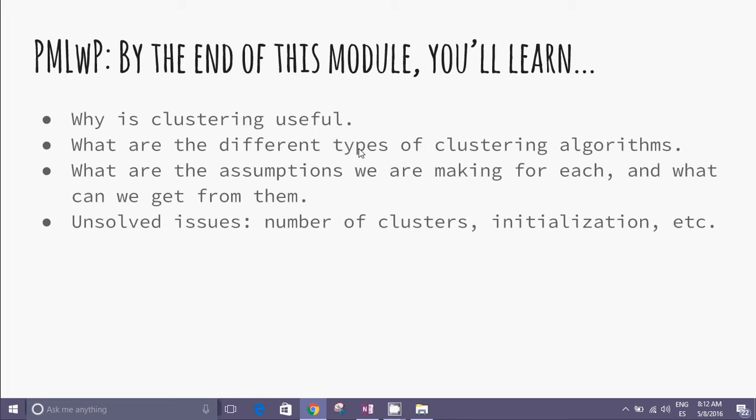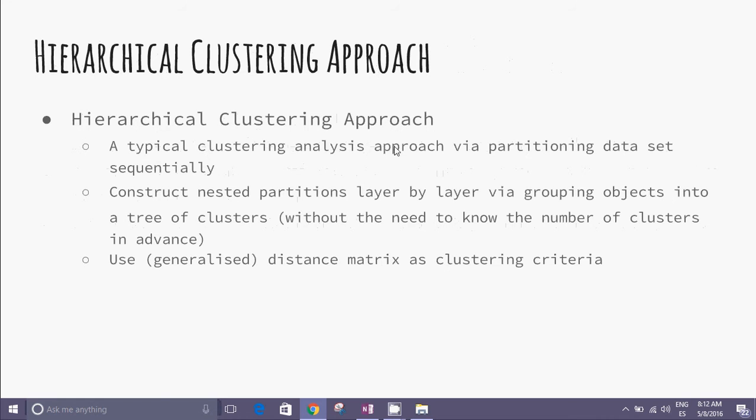We can see the familiar introduction to algorithms for clustering. The hierarchical clustering approach is the most used and typical clustering analysis approach, partitioning datasets sequentially, constructing nested partitions layer by layer by grouping objects into a tree of clusters.